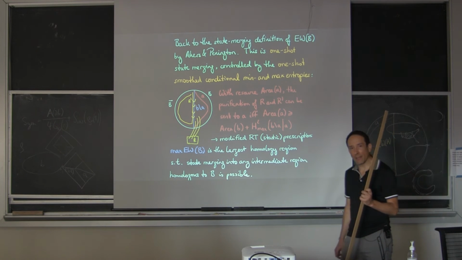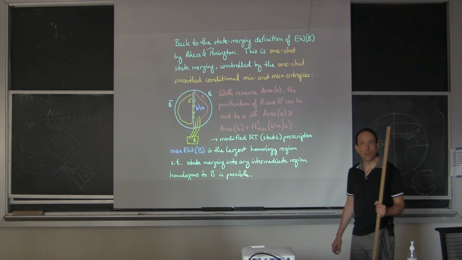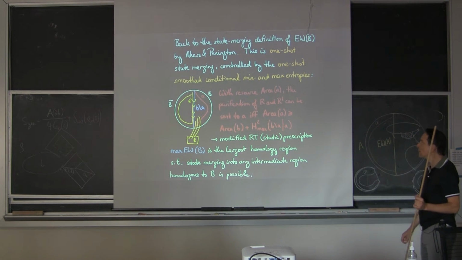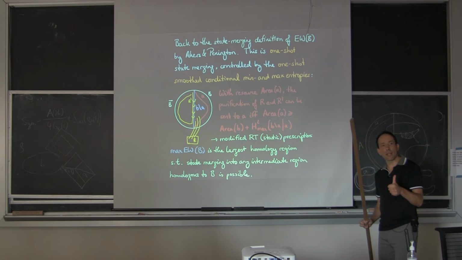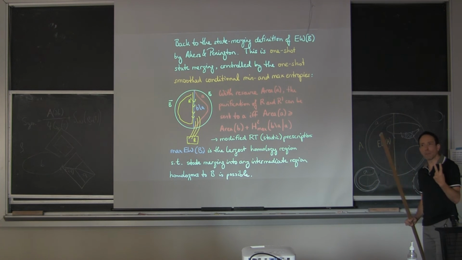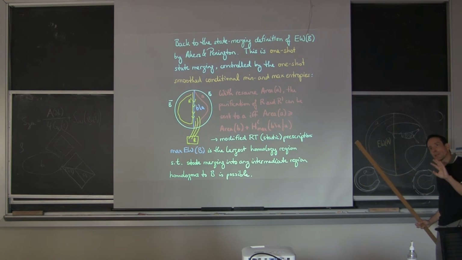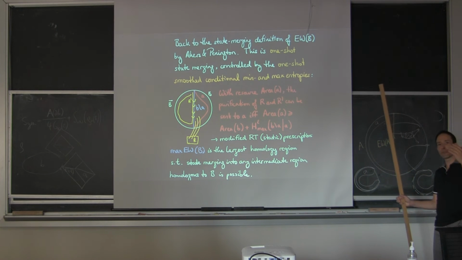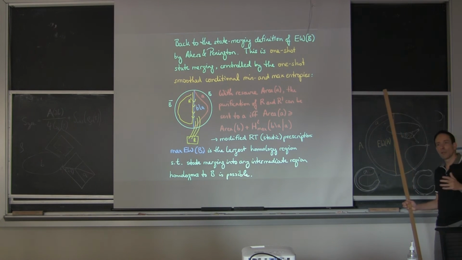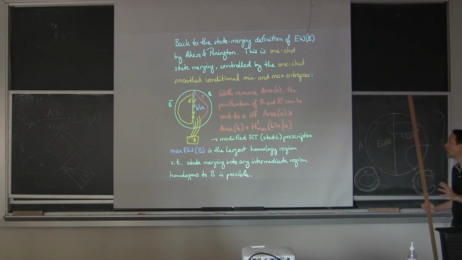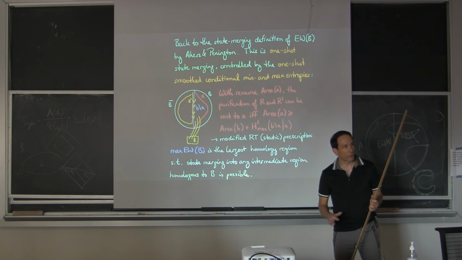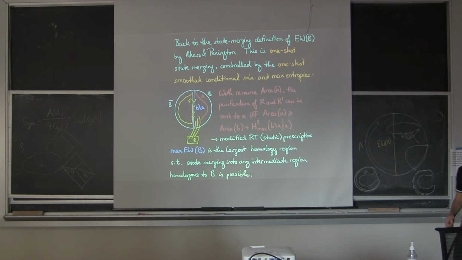Then it occurred to us that we might be asking something too strong of our entanglement wedges. The reason that this is a little bit surprising and we didn't think of it right away is that the thing that's too strong is that there is one entanglement wedge rather than two. I mentioned early on in this talk that when Akers and Pennington were worried about corrections to the Ryu-Takayanagi proposal that had to do with the subtleties of one-shot quantum communication and one-shot entropies, they ended up defining two entanglement wedges that they called the max entanglement wedge and the min entanglement wedge.